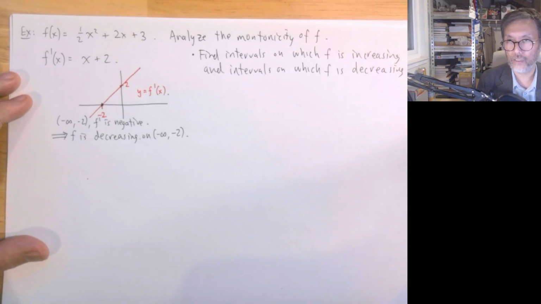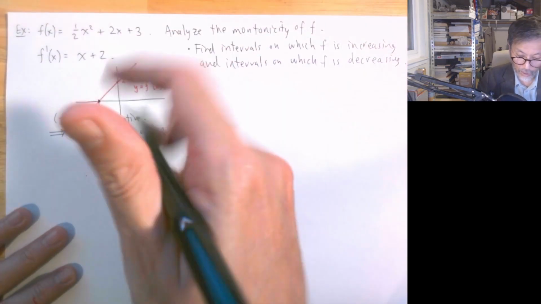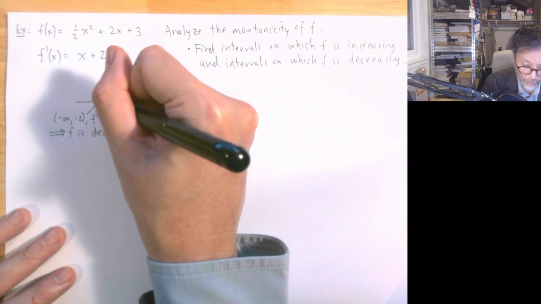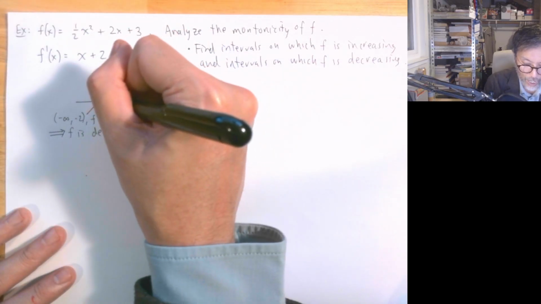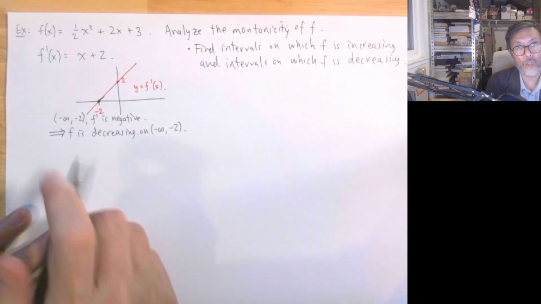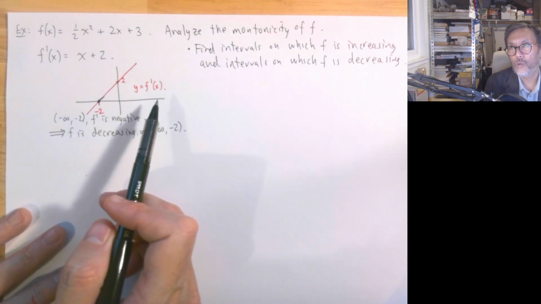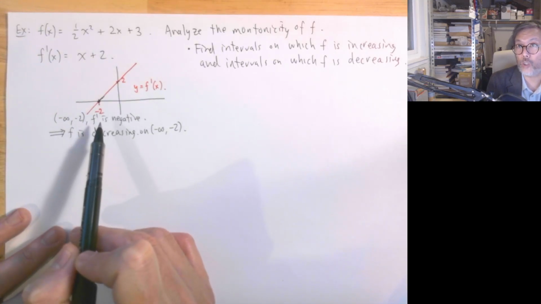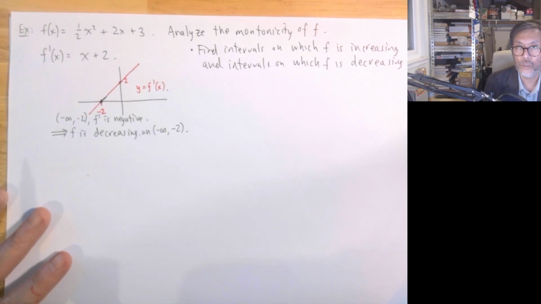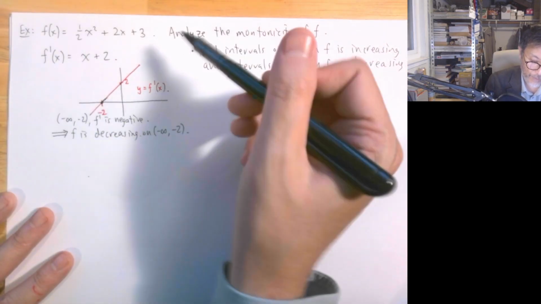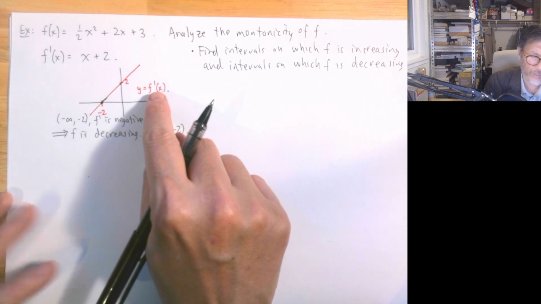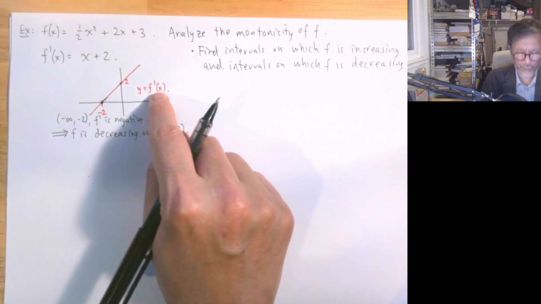decreasing on this interval. Similarly, we see with our eyeballs that f prime is positive on the interval from -2 out to infinity. And why is it positive? Because the portion of the graph of f prime corresponding to values of x which are greater than -2 has a positive sign.